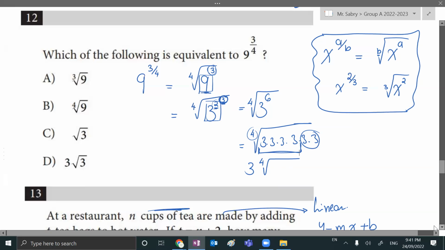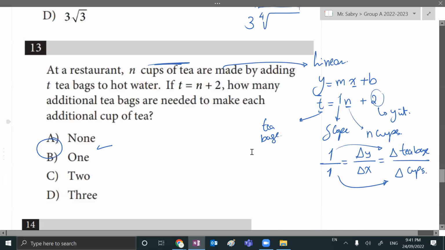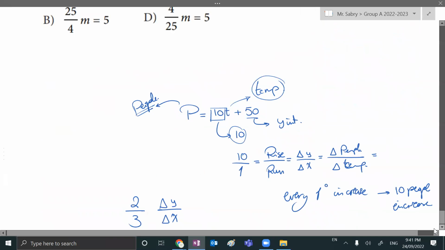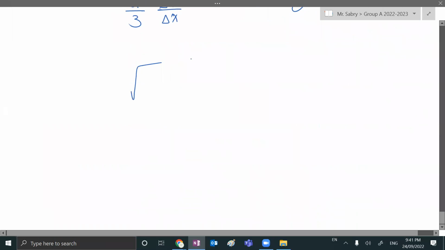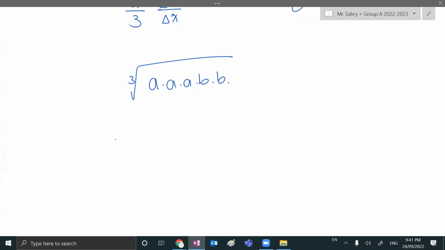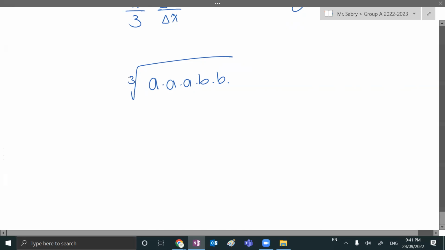Before I do this one, I have to tell you how the roots work. You see this, a cubic root of a times a times a times b times b. What do you think the cubic root would change here?